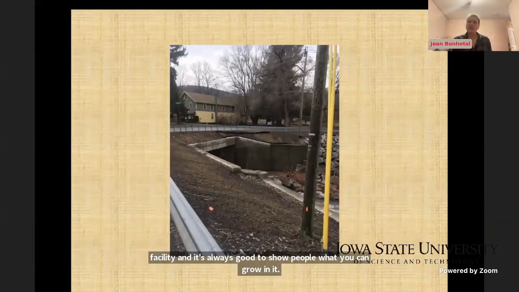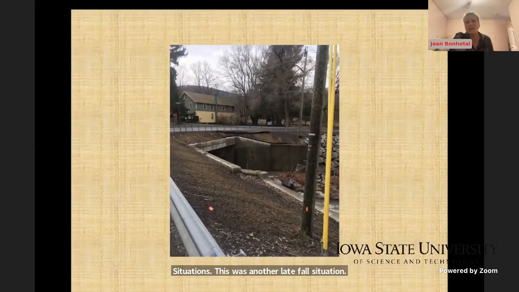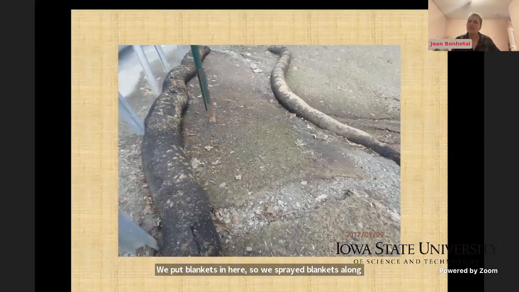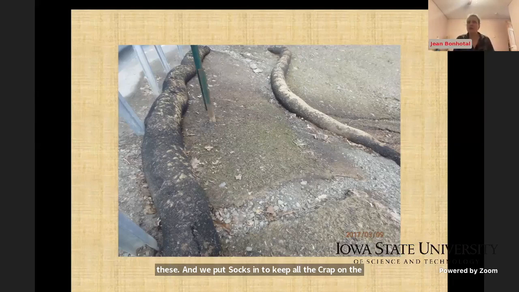This is DOT roadside situations. This was another late fall situation. We put blankets in here, so we sprayed blankets along these, and we put socks in to keep all the crap on the road and not running into a class 1 stream below it.